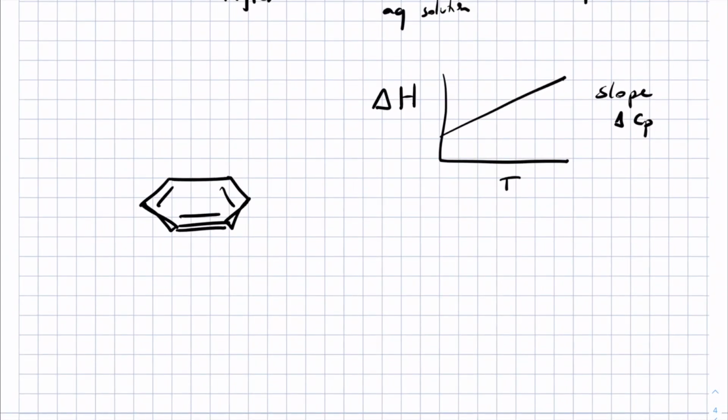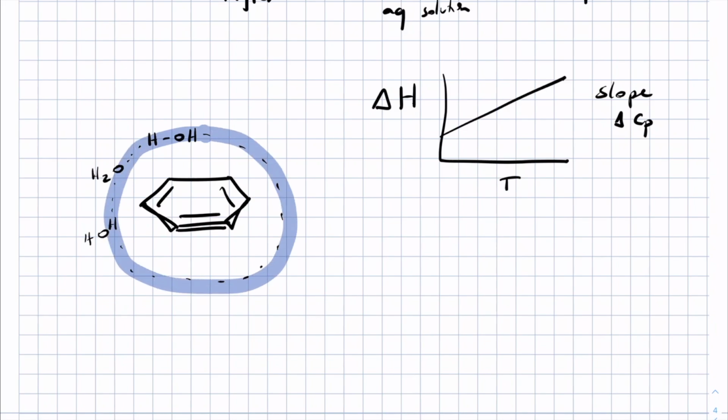So I want you to say that again. So you increase the strength of the hydrogen bonds in the area around the benzene ring, and heat capacity is the amount of energy you need to put in to increase it in temperature. And so the hydrogen bonds are stronger, then it's going to need to put in more energy to break them or get them to be more flexible and mobile.